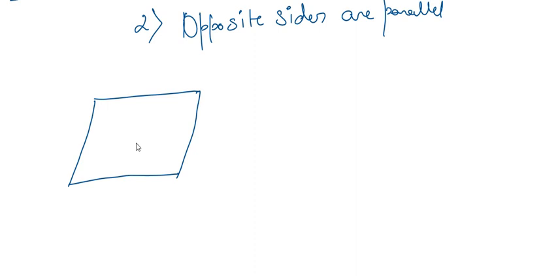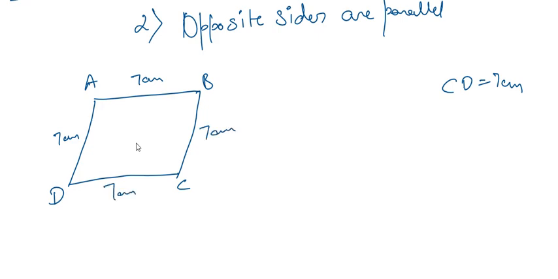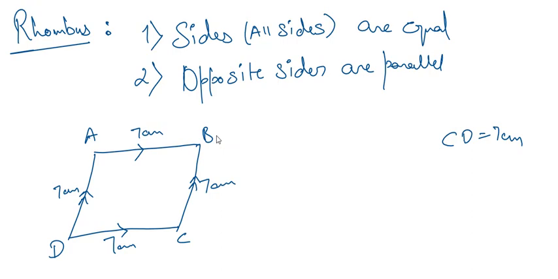Suppose we have ABCD, and if side CD is given to me as 7 centimeter, then I would assign 7 centimeter to all of my sides. Seems clear? Because all sides are of equal length, and if AB is parallel to CD, then my AD would be parallel to BC. Opposite sides are parallel. So these are the two basic properties.